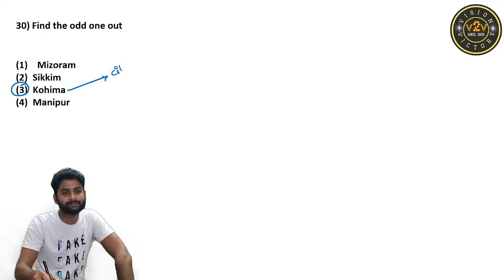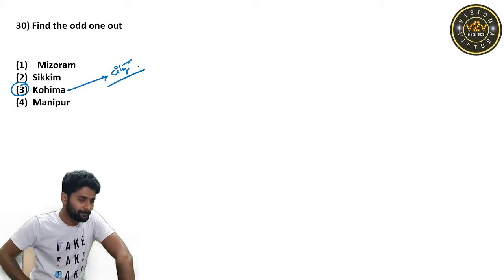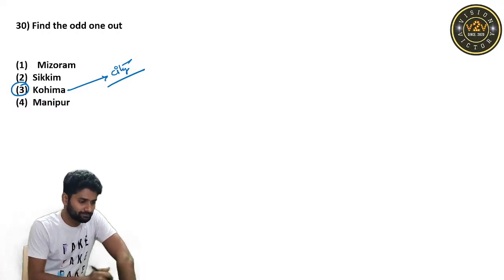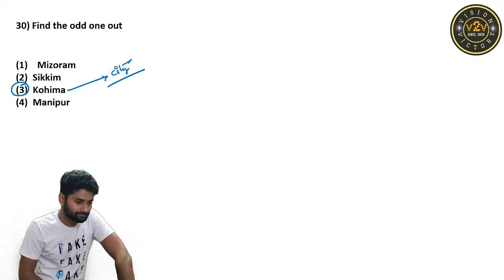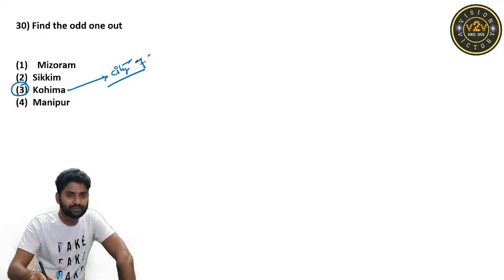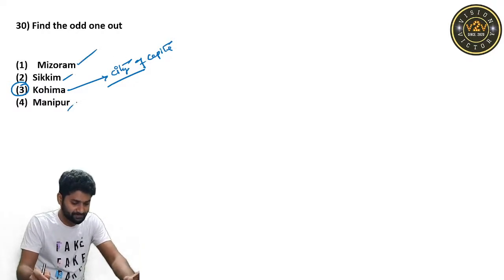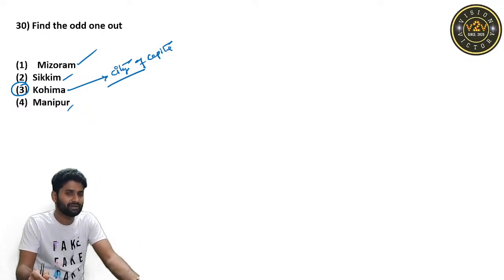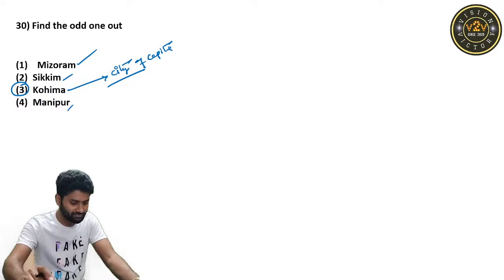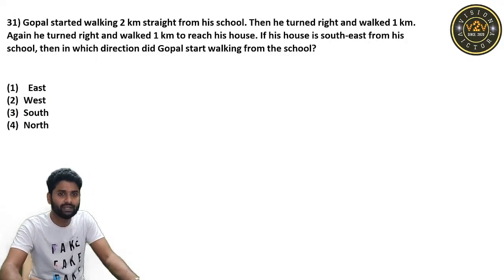Kohima is a city, the capital city of Nagaland, and the remaining are northeastern states. Yes, all are states except Kohima. Very good one.